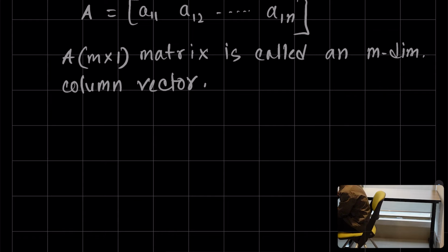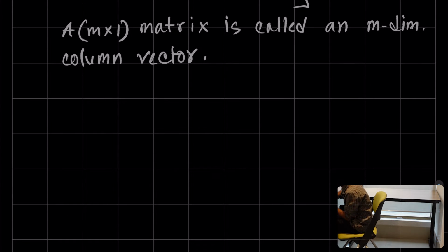So the first thing we are going to define is how to add two matrices. To add two matrices, the size of these two matrices has to be equal. Otherwise, it is not possible to define the addition.